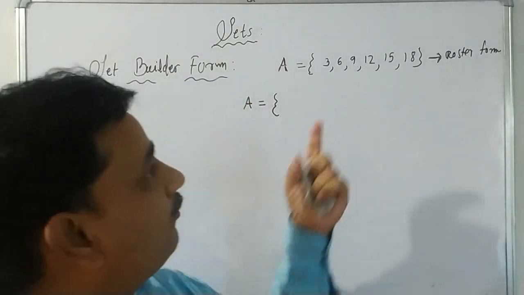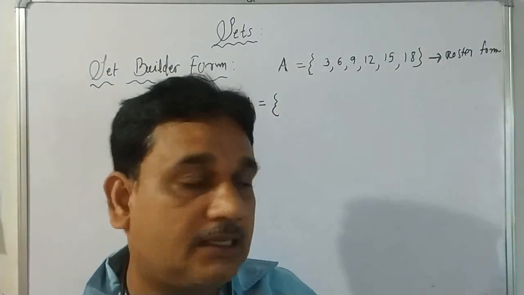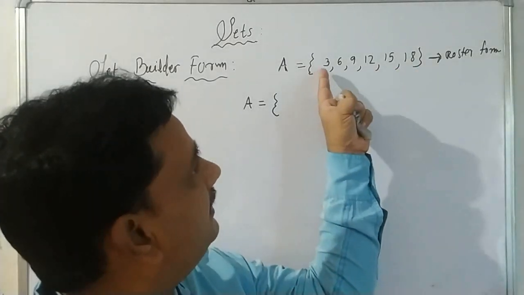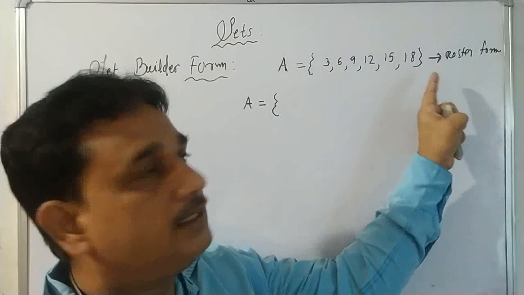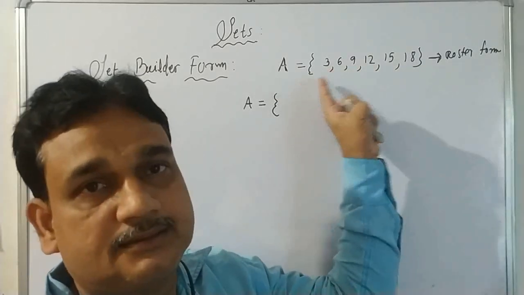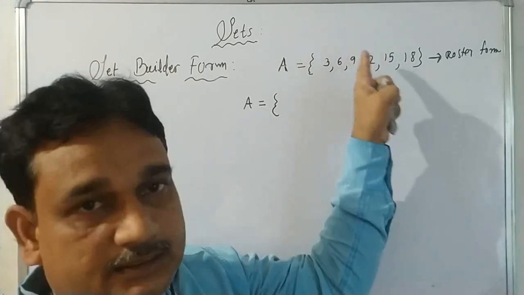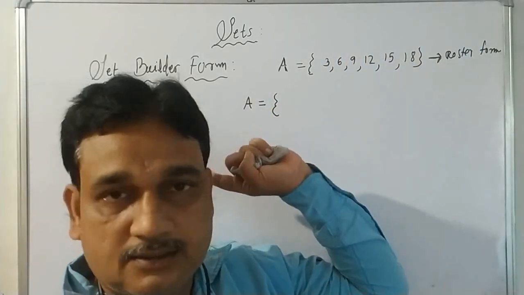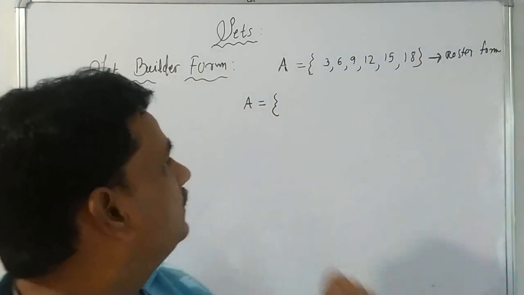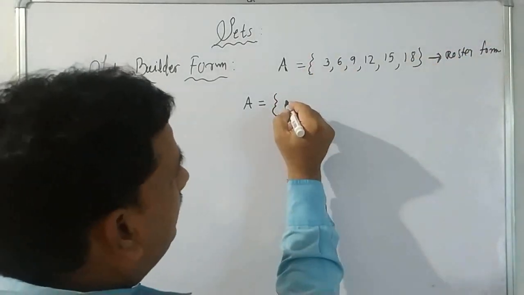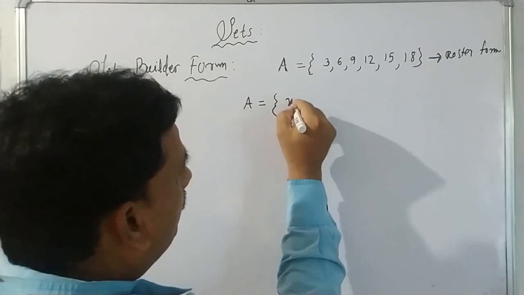Once you go through it, you can easily find it. It's a multiple of 3: 3 ones are 3, 3 twos are 6, 3 threes are 9, 3 fours are 12, 3 fives are 15. So for the common property, you will write x.